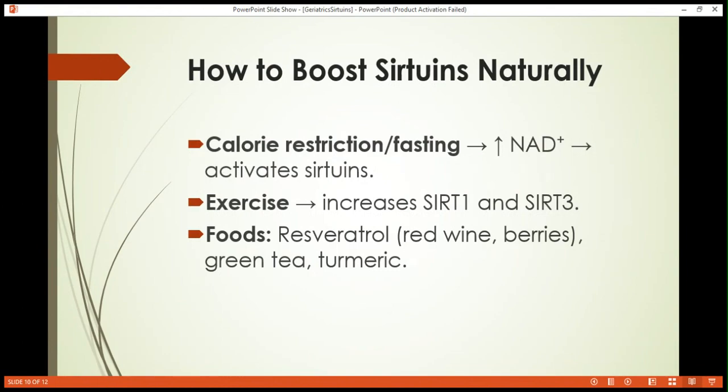And also these Sirtuins can be found in foods like berries, red grapes, green tea, and turmeric. So by taking these foods, you can also boost the levels of Sirtuins.